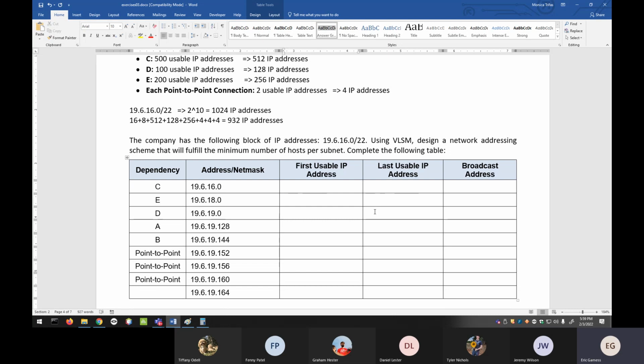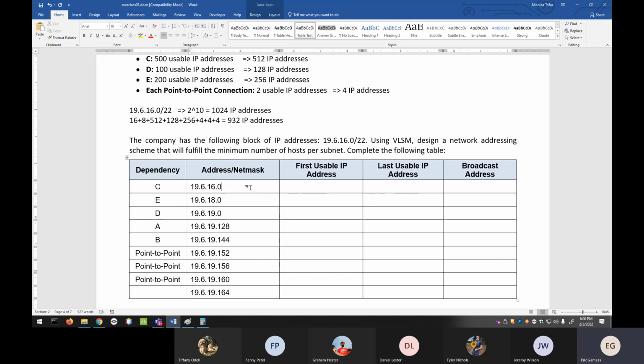When we add 2, we didn't add 2. So 16 plus 2 is 18, and 18 plus 1 is 19. So what is the size of this network? Thank you for spotting that.